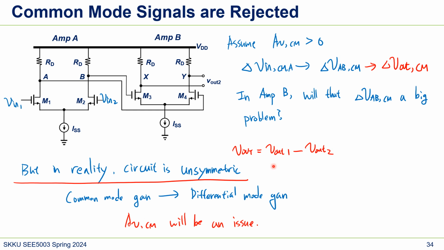And if that's the case, when we see the V out, this common mode gain will impact our V out. So long story short, we have to consider how to reduce the common mode gain, which means we have to make this current source good.